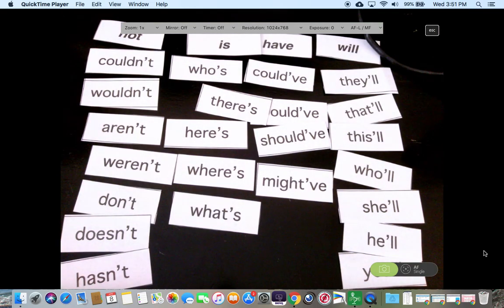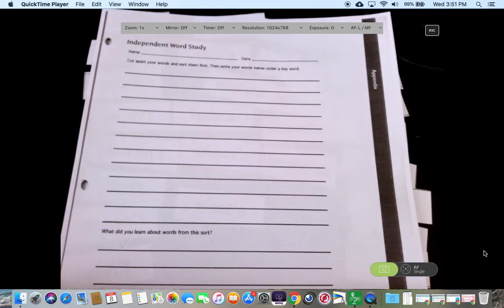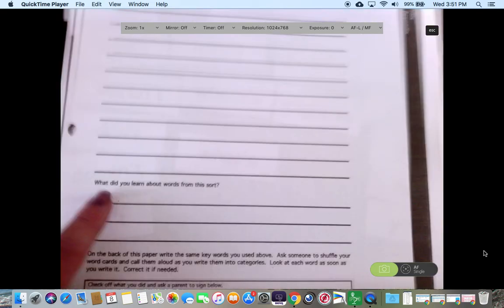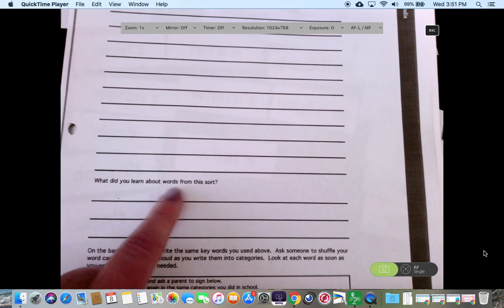You also have an independent word study. So instead of us giving you all of your work for the week, you can take a look here. It's exactly what we would normally do. It's just giving you the options to do different things. So you could write your sort on these lines. What did you learn about words from this sort?